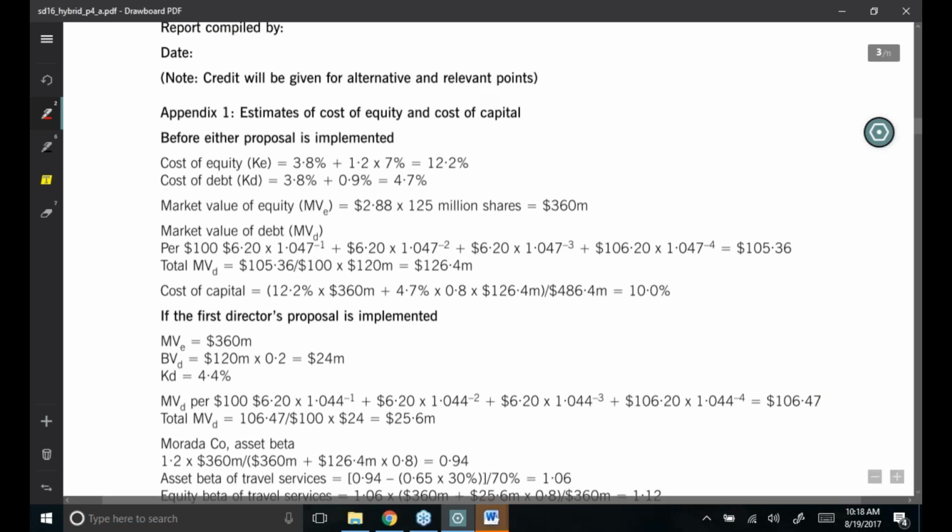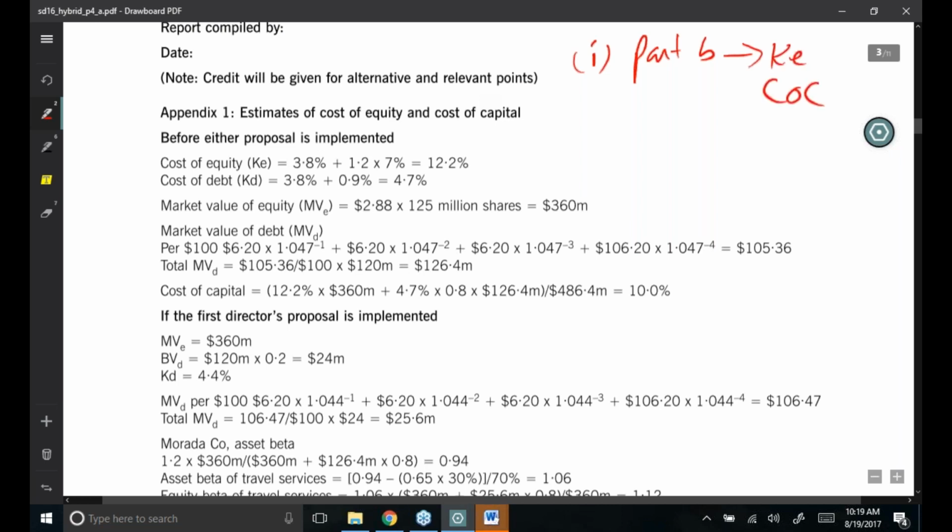In order to answer the first part of B, obviously we are required to calculate the cost of equity and the cost of capital. So in order to calculate the cost of equity, the risk-free rate is given, beta is given, the premium is there, and the cost of equity is 12.2%.